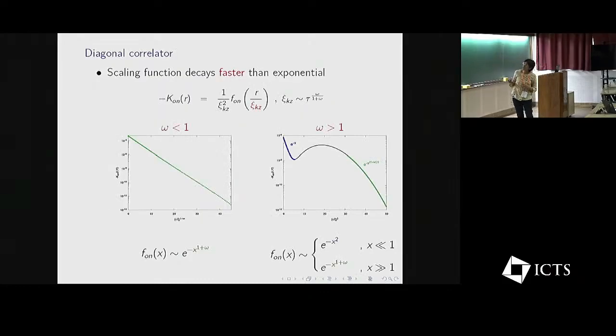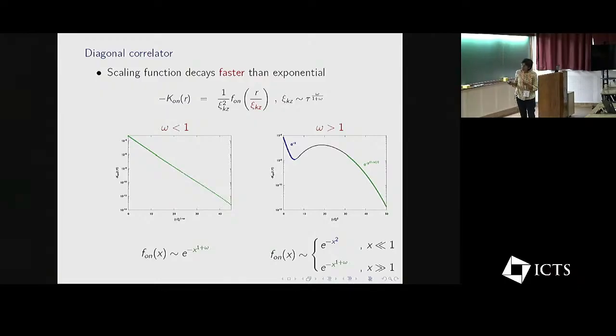So for the diagonal correlator, this is what we find. The scaling function, like the linear quench, depends only on one scale, namely the KZ length scale. Like the linear quench, the scaling function is non-exponential. In particular, we can show that for sublinear quenches, it decays like a compressed exponential with the exponent 1 plus omega, changing continuously with the quench exponent.